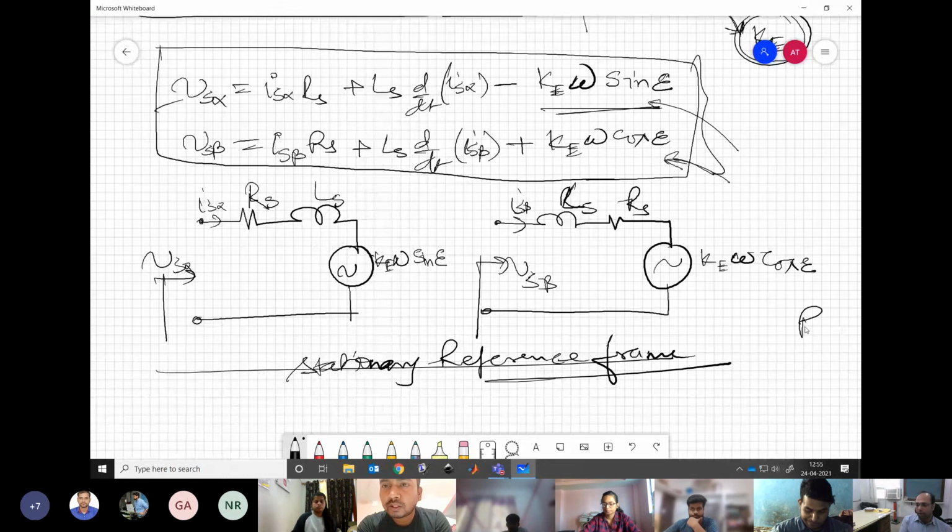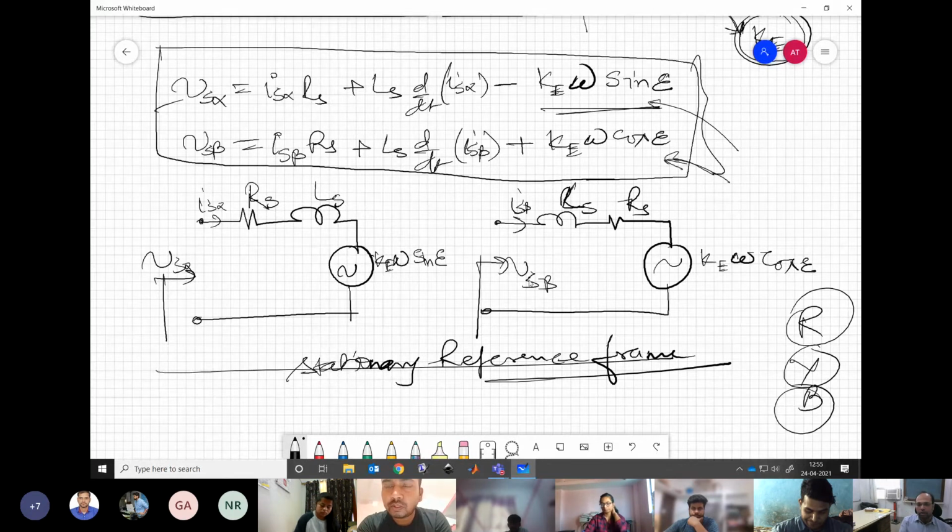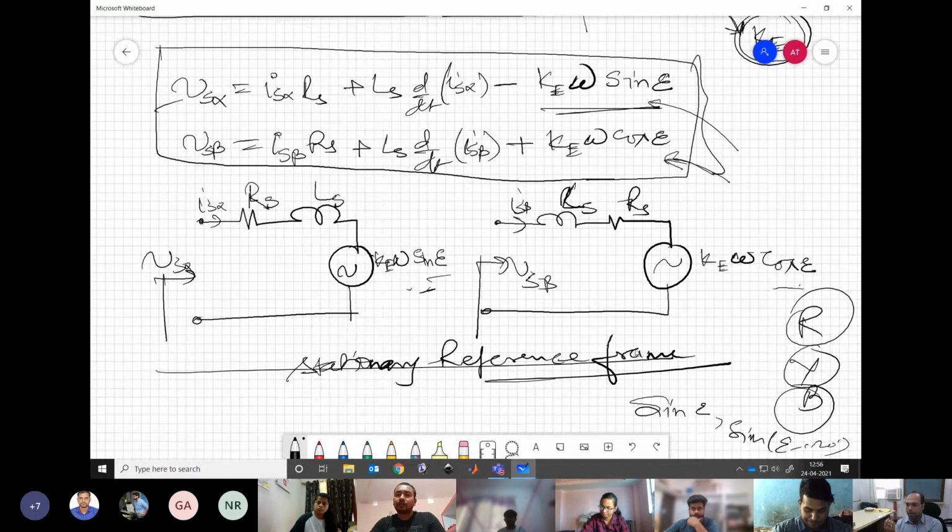You may as well have the RYB per phase equivalent circuit also, where the back EMF terms will be something like sine epsilon minus 120, sine epsilon plus 120, instead of sine epsilon and cos epsilon. These are alpha beta, that's why it is looking like this. Clear? Yes.